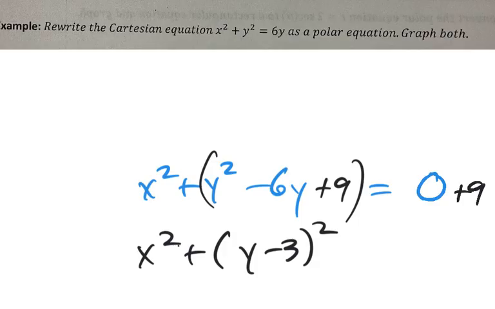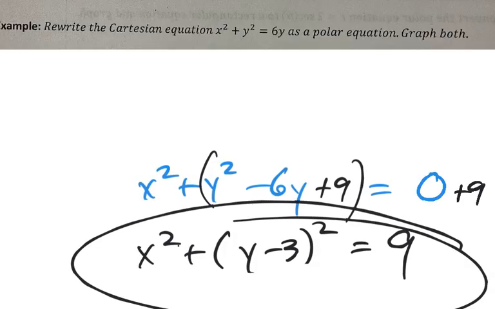We've done it earlier this year. We took our b term, we halved it, we squared it, we added to both sides. I showed you that when I showed you where the quadratic formula comes from. My point is, this is the equation in Cartesian or rectangular coordinates.